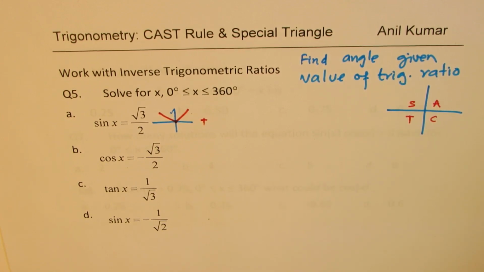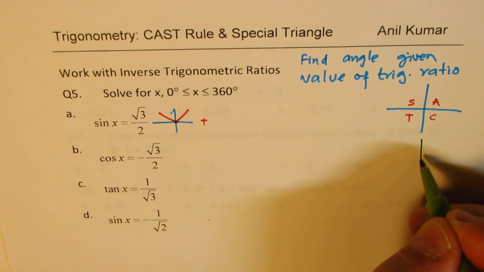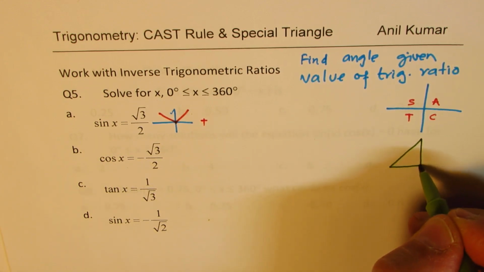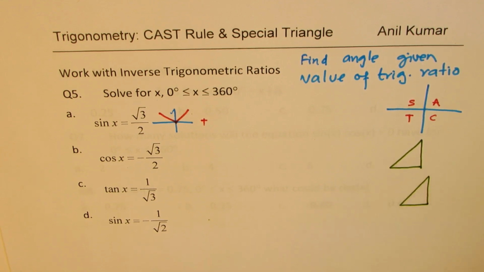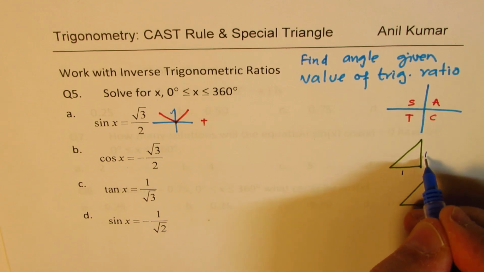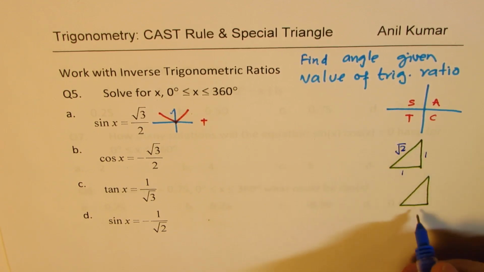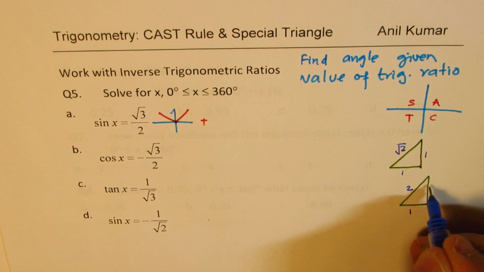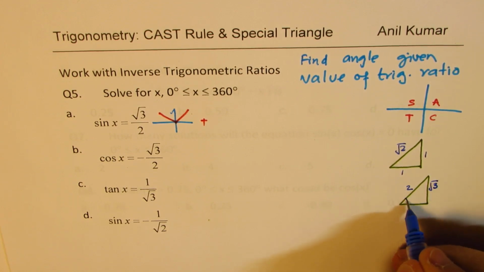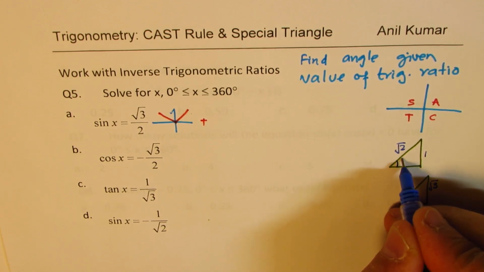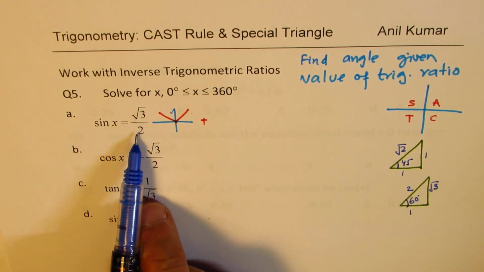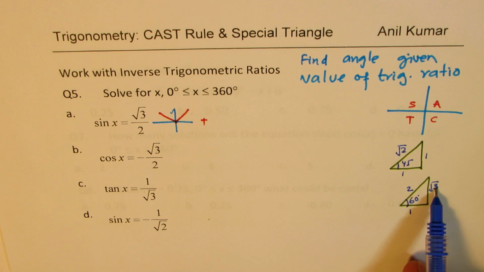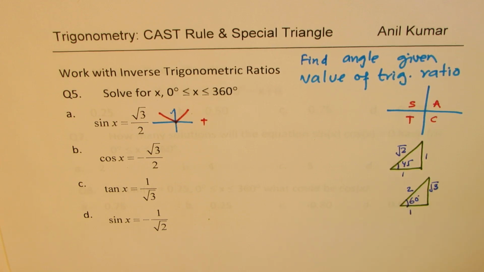Second, we have to look for our special triangles. So we have two special triangles. One is the 45 degrees one, the other one is 30, 60, 90. So it's a good idea to draw them, especially when we are beginning to learn all this, correct? And this one will be 2, 1, square root 3. This angle is 60 degrees, this angle is 45 degrees. So when I say sine x is square root 3 over 2, that is the one.